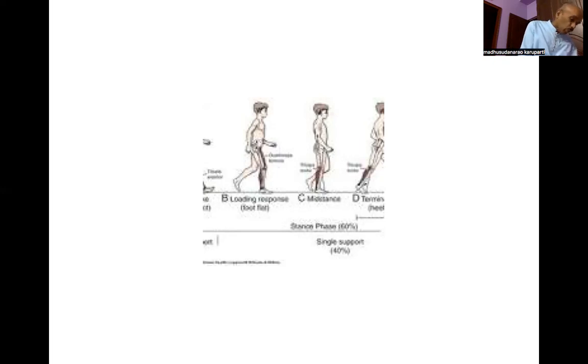And his toes will be on the ground with regard to the normal leg. And the painful leg, he will place on the ground slowly with a flat foot. That is the characteristic feature of the antalgic gait.